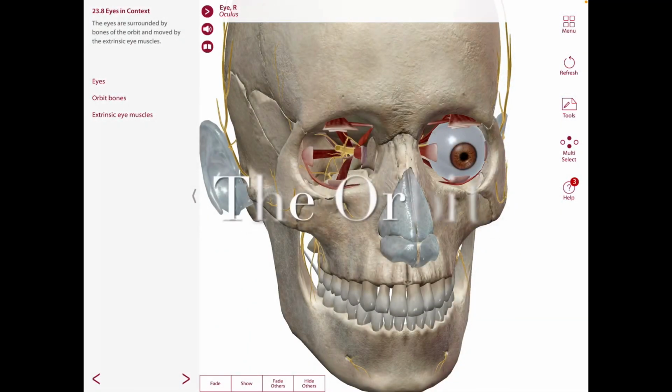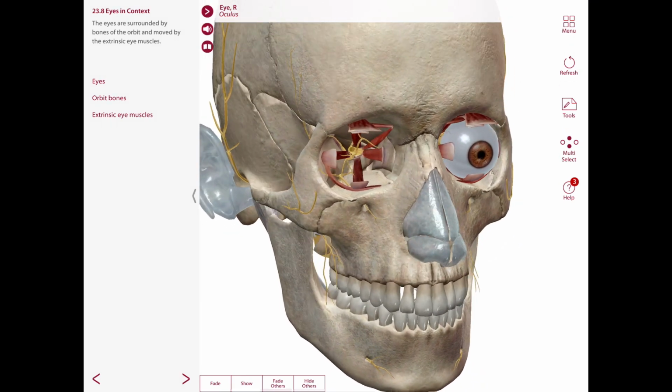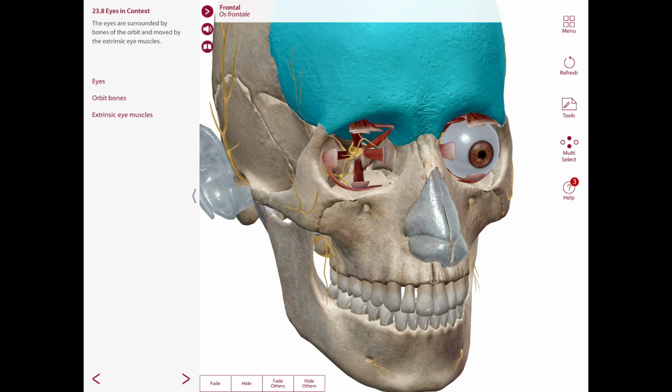The eyes in context are surrounded by the bones forming the orbit and moved by the extrinsic eye muscles. So the bones forming the orbit will be the frontal bone, zygomatic bone laterally, maxilla inferiorly. We also have the lacrimal medially.